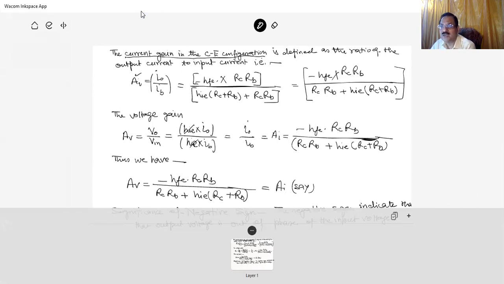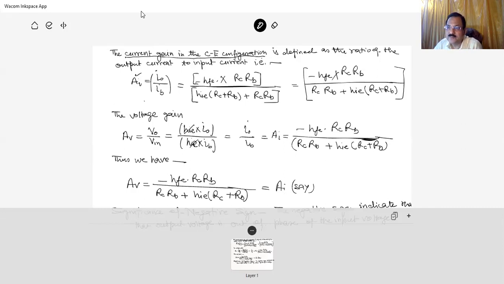So I0 upon IB is equal to this part of the impedance, that is hfe into RC RB, over RC into RB plus hie RC RB. So this factor is the complete expression of the impedances, and there is no variation. It is independent of the frequency.